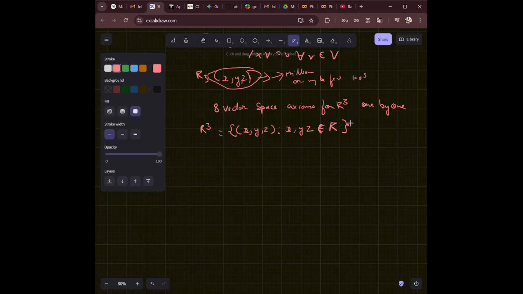Okay. So we can say (x1, y1, z1) plus (x2, y2, z2) equals (x1 plus x2, y1 plus y2, z1 plus z2).